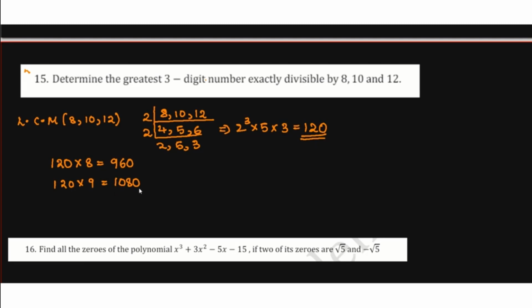So this is clearly a 4-digit number. So the greatest 3-digit number exactly divisible by 8, 10 and 12 is 960.